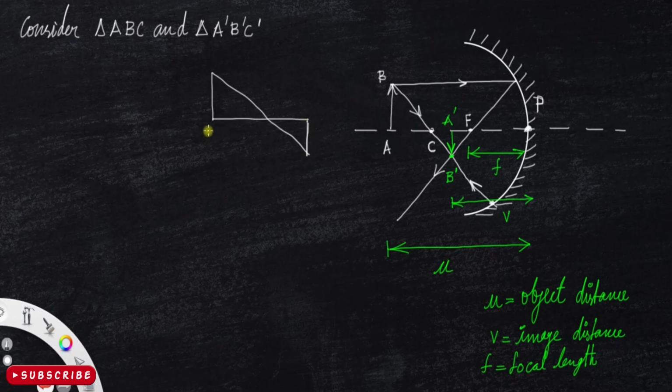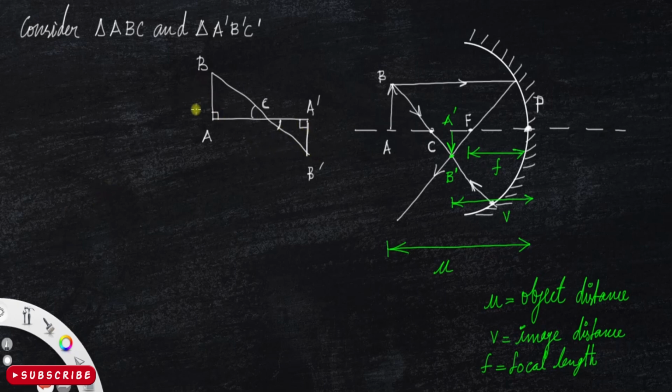This triangle, this is A, B, this point is C, this is A dash, B dash. Clear? Clearly these angles are equal. And this forms 90 degrees. So these two triangles are similar.